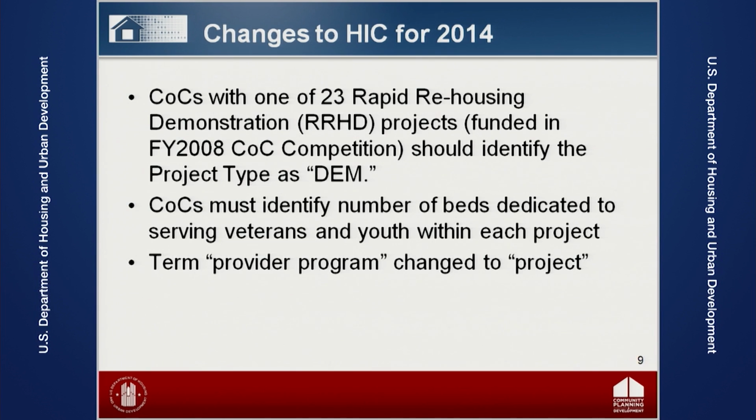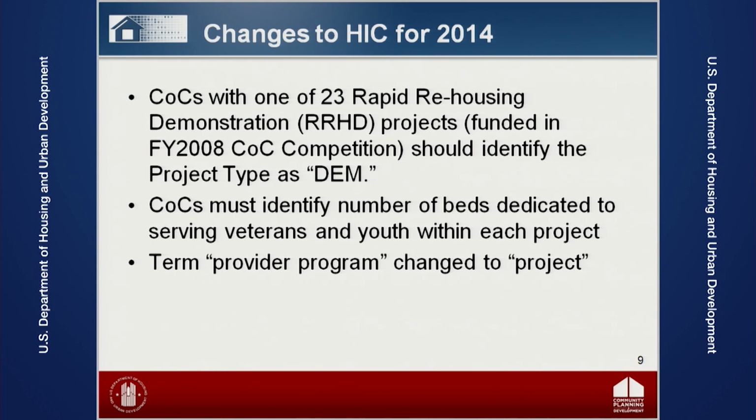Additionally, CoCs will need to identify the number of beds within projects that are dedicated to veterans and youth. In the past, CoCs were asked to report the number of beds dedicated to persons who are chronically homeless. This year, in addition to that, CoCs will also have to report on the beds and units dedicated for veterans and youth.